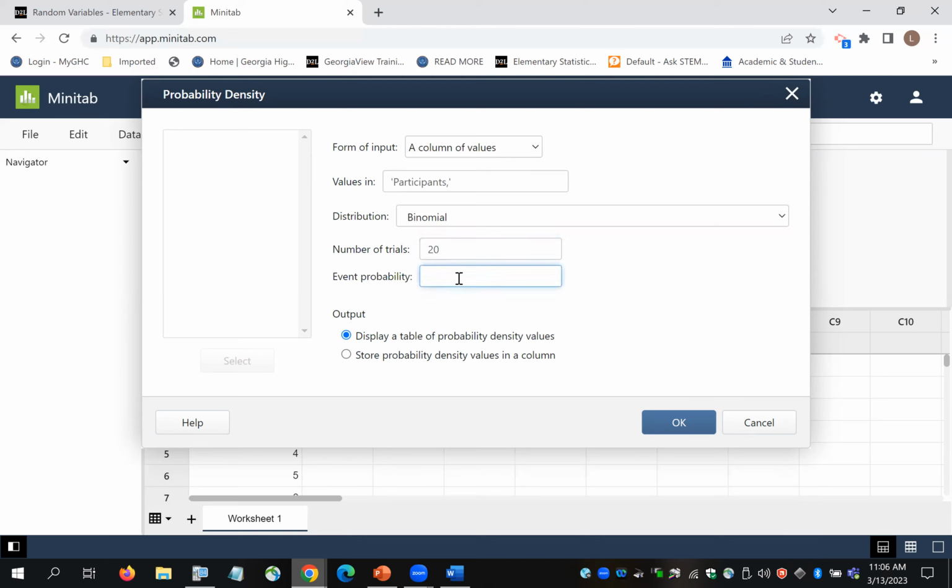The event probability is the probability of success, and the probability of success stated in the problem is 32%. I enter it as a decimal value. And I want it to display a table. I'm going to click OK.